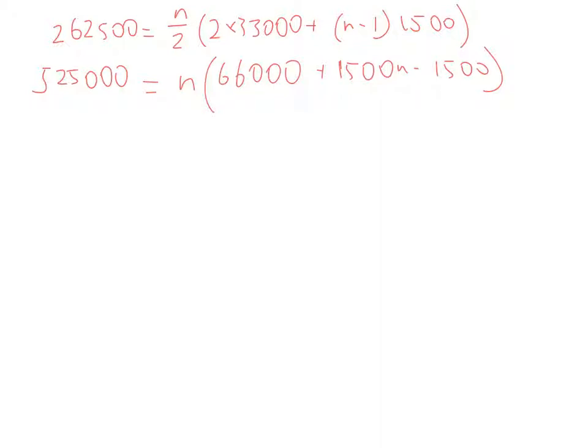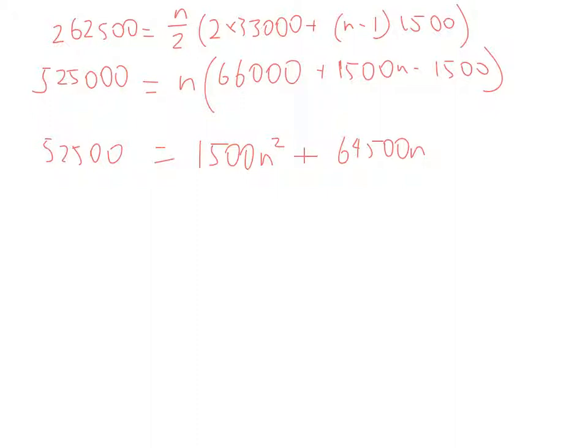So here I'll end up with, okay, let's keep progressing with it. We end up with 1,500 N squared plus, how many lots of N do I have? 66,000 minus 1,500 is 64,500 N. And I've still got my 525.